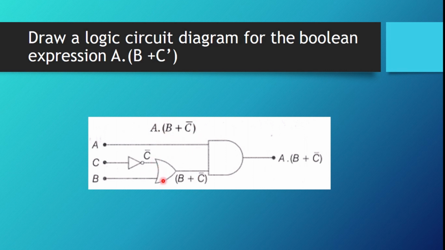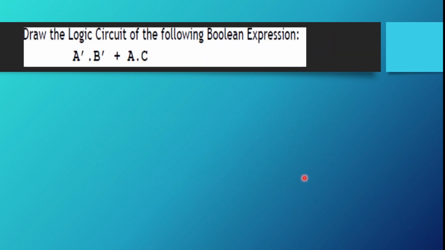So we will take an OR gate, we will take a NOT gate because we need C complement, and so we can get B plus C complement. Then next term is A, so A we will directly take in, and so these two will be the input to this AND gate and we will get the final output. It will be clear from the other examples if it is not clear now.